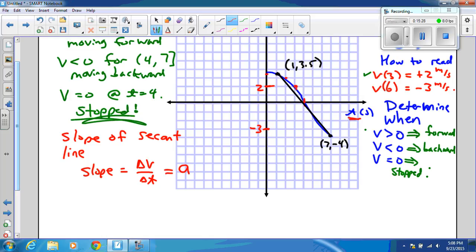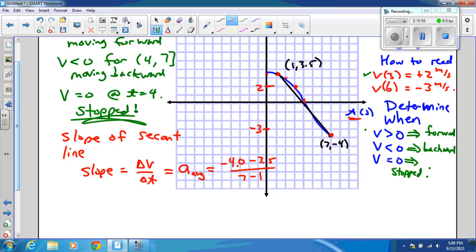But as soon as I write the slope as delta V over delta T, I realize that I have a physics name for delta V over delta T, and that is average acceleration. So the slope of the secant line on the velocity graph computes the average acceleration, which is going to be about negative 4.0 minus 3.5 over 7 minus 1.